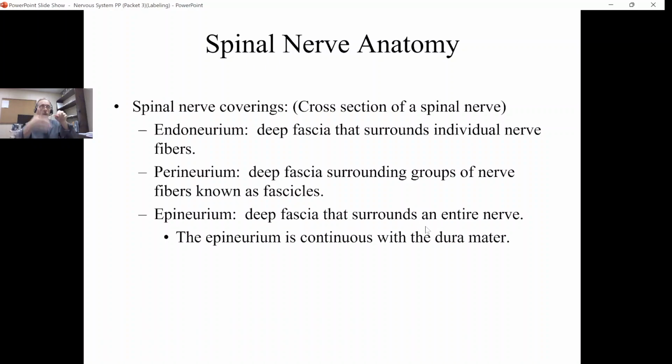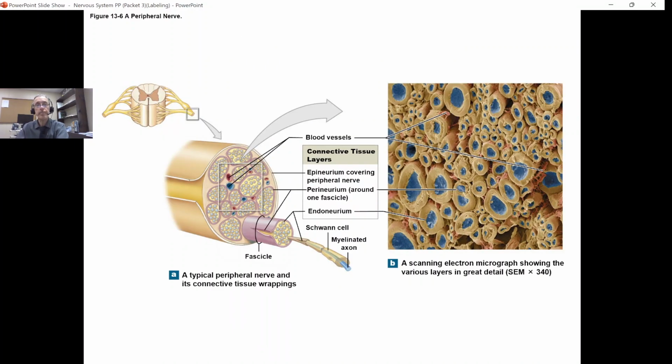Then if we were to cut the nerve in half, we would see bundles of axons. Each bundle is called the fascicle, and the fascicle is surrounded by the perineurium. Then each individual axon inside the fascicle has its own connective tissue covering called the endoneurium.